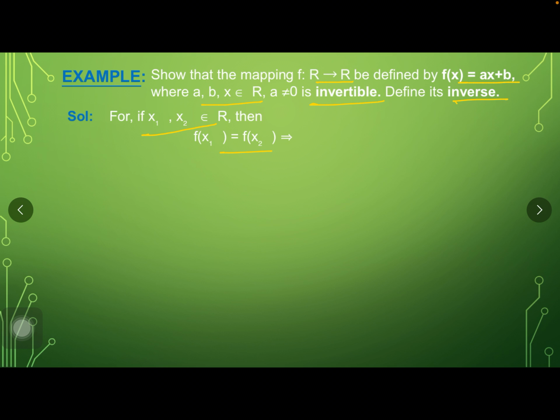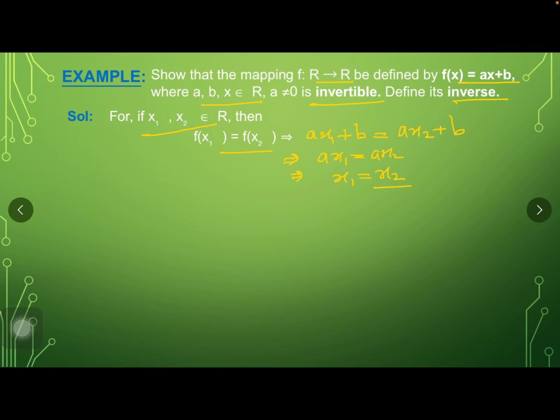Now what we do here, we take x1, x2 elements that belong to the real numbers. First, to check one-one, we take f(x1) equal to f(x2). So what is f(x1) here? It is ax1 plus b, which is equal to ax2 plus b, right?